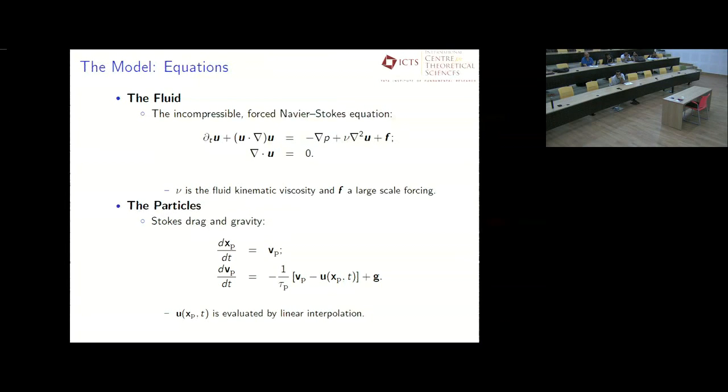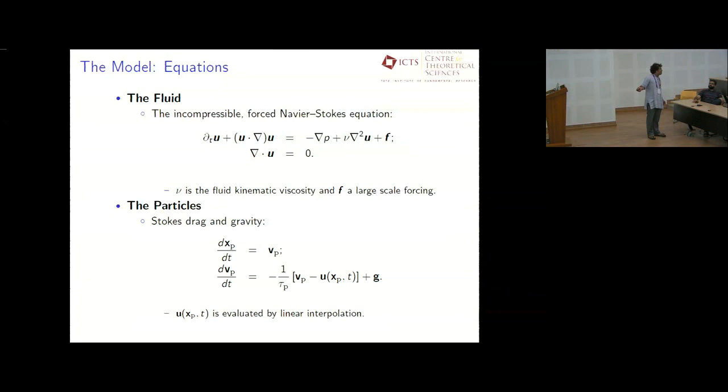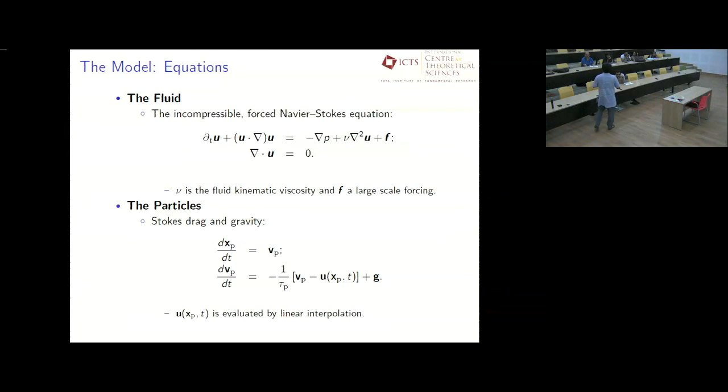Just to remind you once again, that's the Navier-Stokes equation, which all of you have seen. We solve for this, and at every time step we feed the u back into the trajectory of the particle. We need to interpolate, of course, to the particle positions and solve for the particle trajectory. So that's the setup. Is the setup very clear?